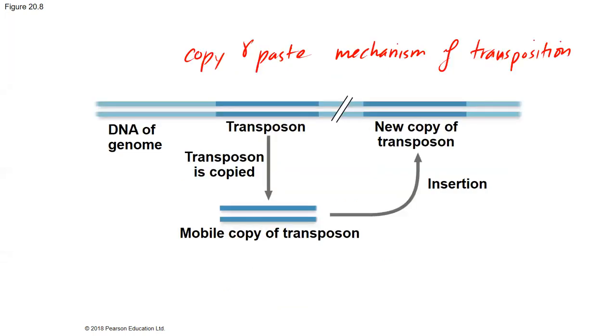Some transposons move through a copy and paste mechanism. Some move through cut and paste. So some types of transposon cut themselves. They don't make a copy. They are cut from the genome and they move into another location within the genome.